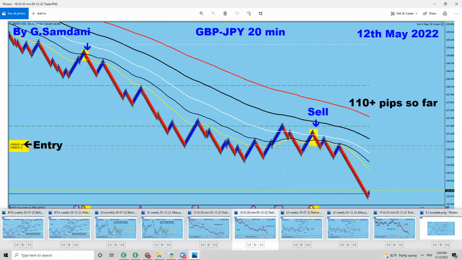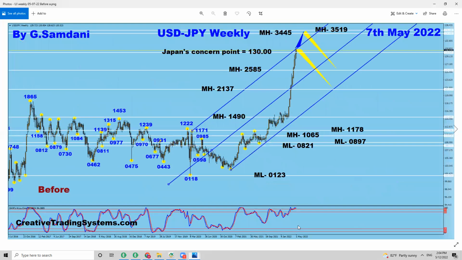Now, another pair that I was watching and I made the chart ahead of time was USD yen. On May 7th, this was my USD yen weekly chart. And I said that this level here, I heard Japanese officials talking about that, 130, if USD yen gets to 130, then it will be a concern to them.